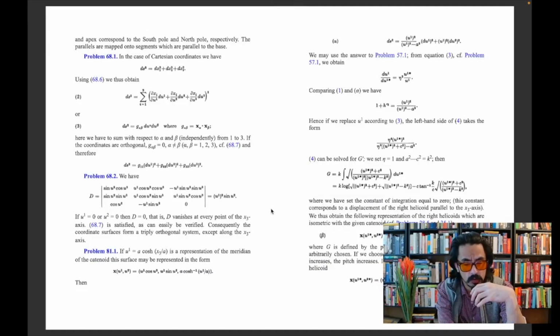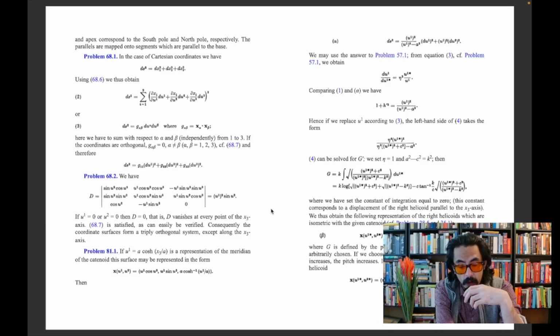All right, the solution of problem 81.1. If u1 equals a times the hyperbolic cosine of x3 over a is a representation of the meridian of the catenoid, this surface may be represented in the vector parametric form of the vector x in terms of u1 and u2 equal to three entries, where the first entry is u1 cosine u2, the second entry is u1 sine u2, the third entry is a times the inverse hyperbolic cosine of u1 over a.